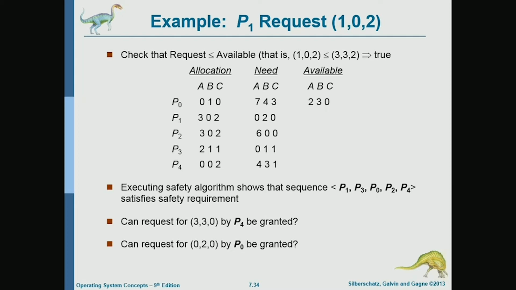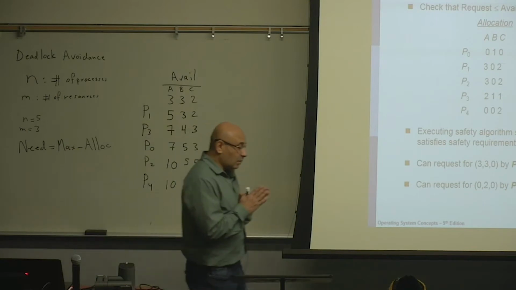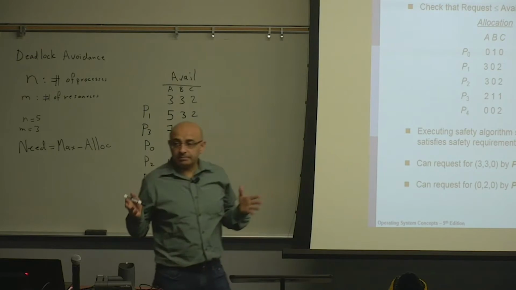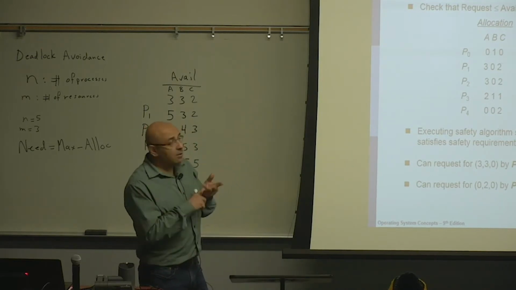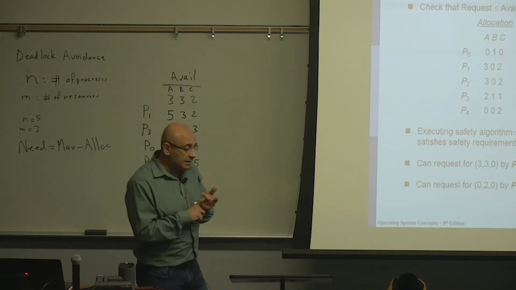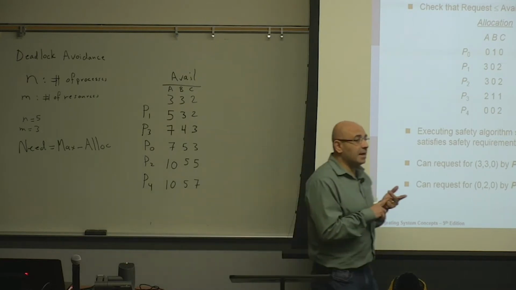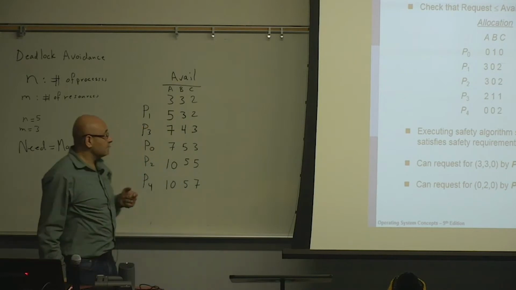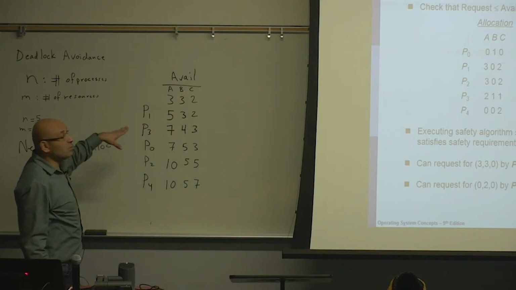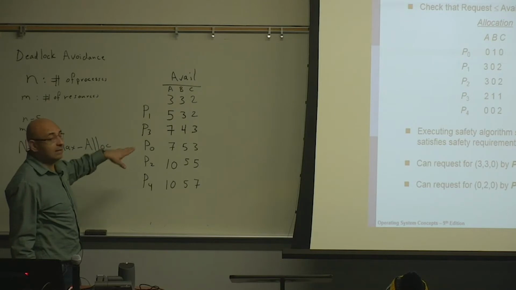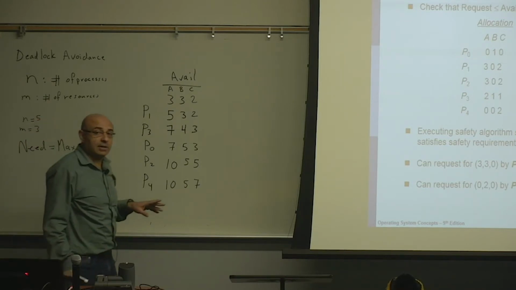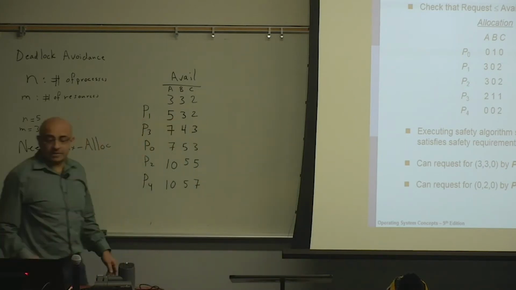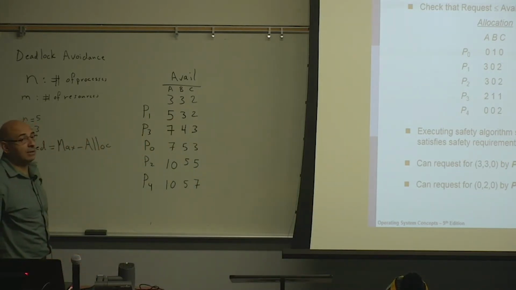We will temporarily satisfy the request, or pretend that we have satisfied the request, by updating the allocation and the need of that process, and by updating the availability in the system, and then we redo the analysis. If it gives us a safe state, then we can grant the request and we commit. If it gives us an unsafe state, then we deny the request.